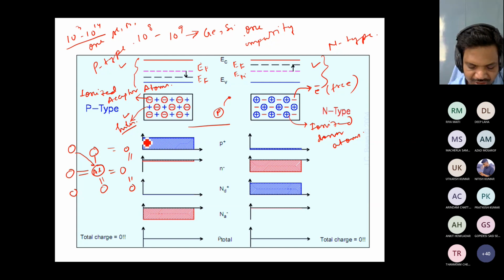In p-type semiconductors, the blue color represents the positive charge particles, and the red color represents the negative charge particles. So in p-type semiconductor it is mostly holes, so mostly positive charge carriers. Though the majority carriers are holes, there must still be some minority carriers, though they are not shown in this diagram.